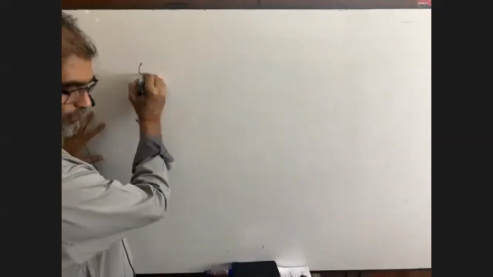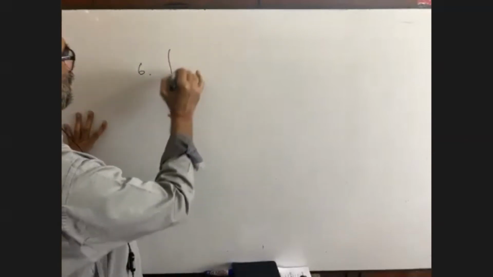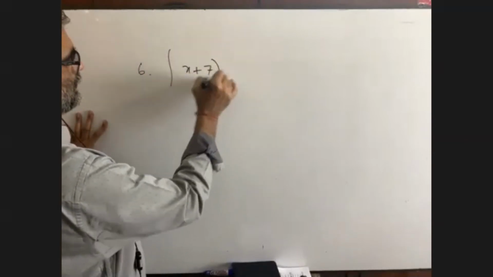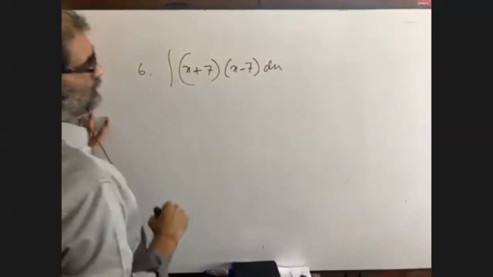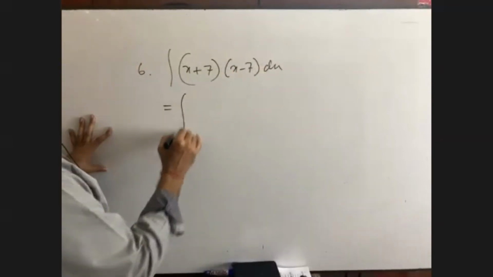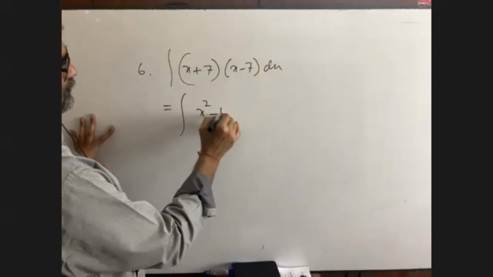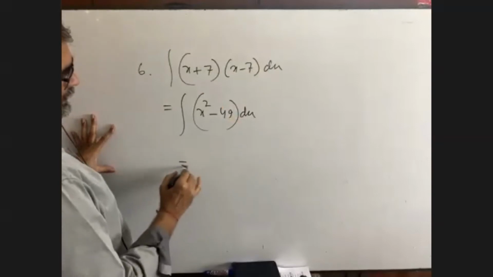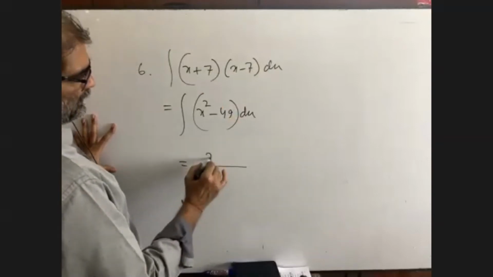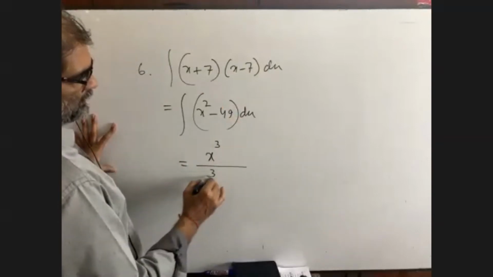If I give another math, question number 6, integration of x plus 7 into x minus 7 dx equals to what? X square minus 49 is equals to what? Let me know. X to the power 3 by 3.